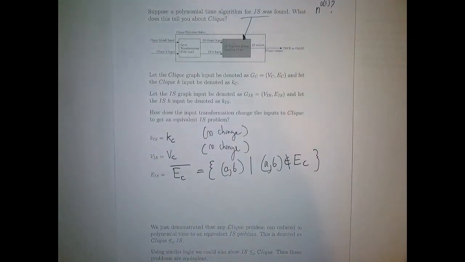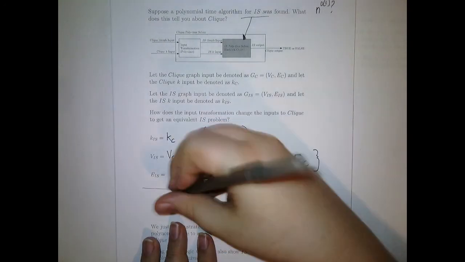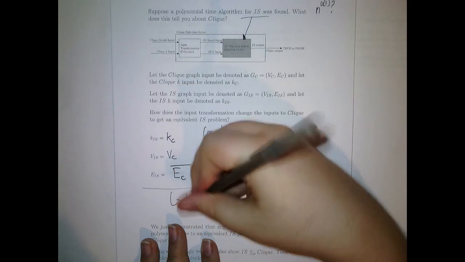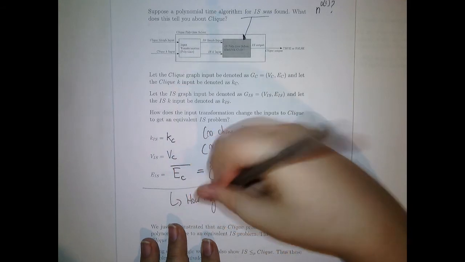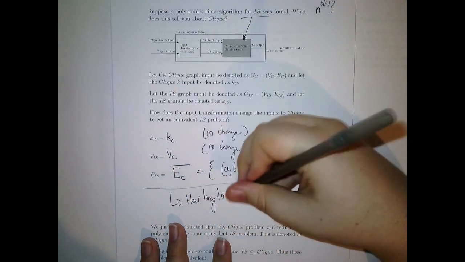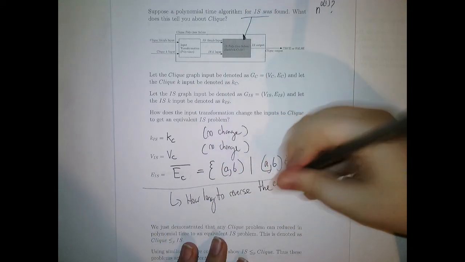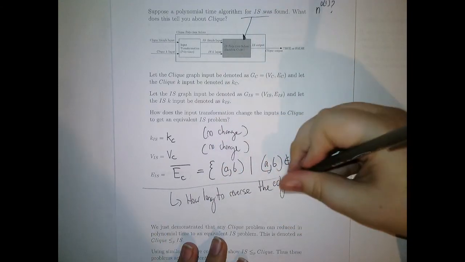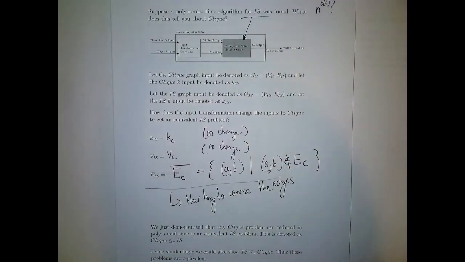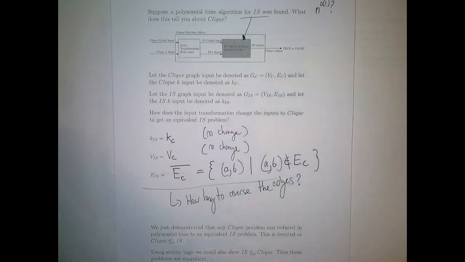All right? And moreover, how long does it take to do this? How long to, again, we'll call this reverse the edges, this operation. So it's like reversing the edges. You could think of it as the complement operation, if you're familiar with complement. How long does it take to reverse all the edges?